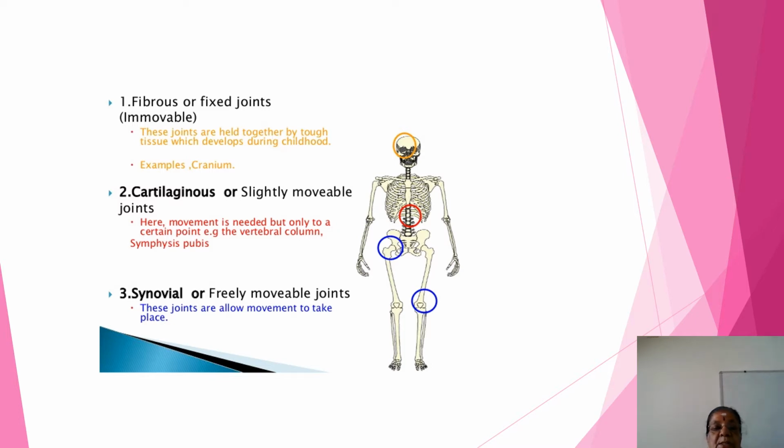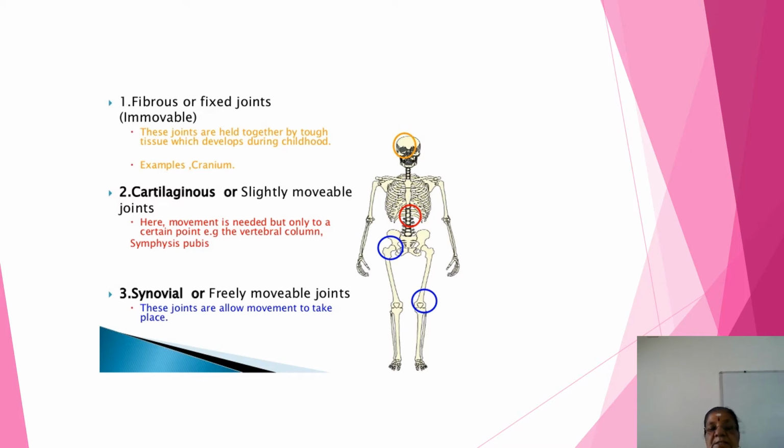Example, vertebral column, symphysis and pubis. Pubis is the pelvic bone. Slightly movable joints show very little movement. Example, another is the vertebral column. When we bend and straighten up, that is by the slight movement of the vertebral column. I hope you understand.